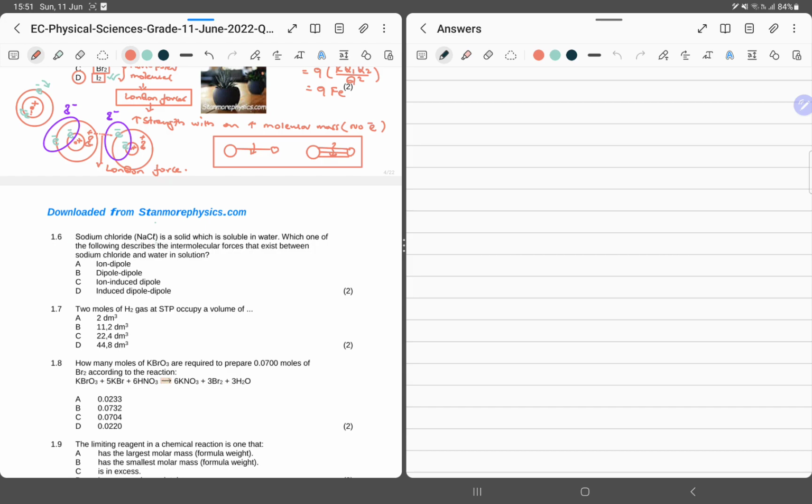1.6 says sodium chloride. All right, we know that this is an ionic substance. Okay, a solid which is soluble in water. Why? Because water is a polar molecule.